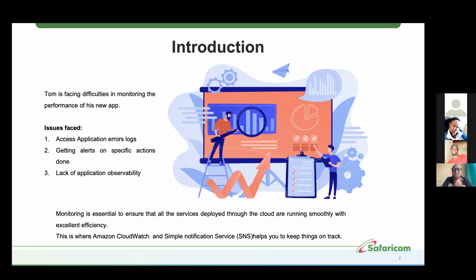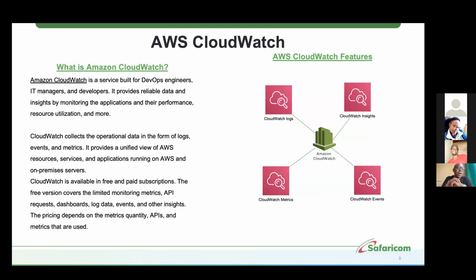So this is where we look at Amazon Cloudwatch and Simple Notification Service, which is another service offered by Amazon to help us, or to help Tom, keep track of things on his new application. So we might ask ourselves, what is Amazon Cloudwatch? Basically, this is a service built for us DevOps engineers, IT managers, and even developers.